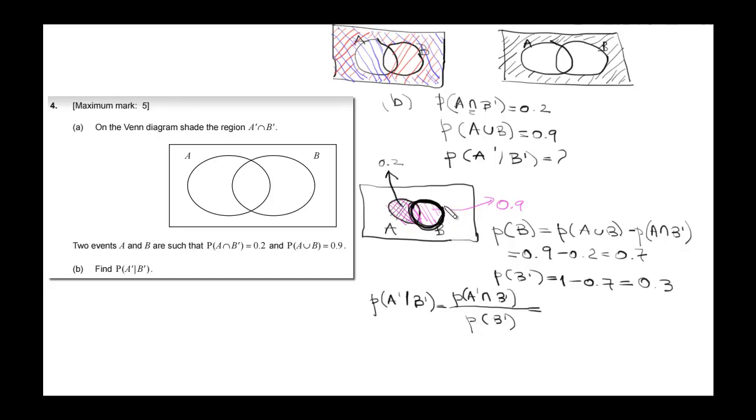Given that the probability of the union is 0.9, the probability of everything outside the union, which I draw here dotted, will be 1 minus 0.9, 0.1. And probability of B dash calculated here is 0.3. That will be equal to 0.1 over 0.3, that is 1/3.